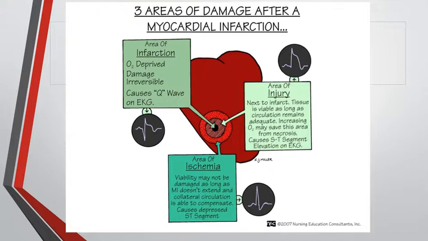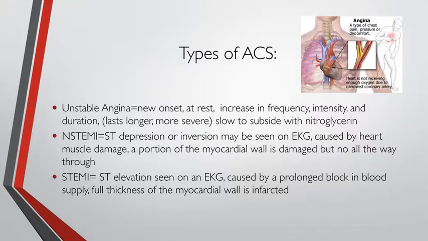So this is just a description of how the levels of injury occur and ischemia versus infarction. So, like I said, I would talk about the types of acute coronary syndromes, and that's what I am talking about on this slide. So remember that angina is a periodic ischemia that is due to the narrowing of the coronary arteries.